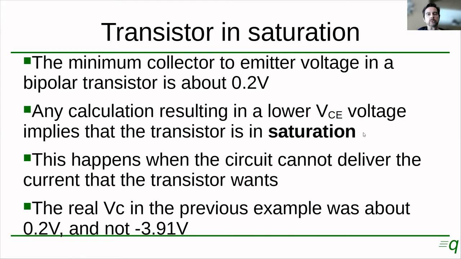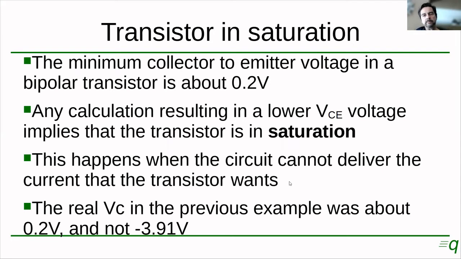And this usually happens when the circuit cannot deliver the current that the transistor wants. So in the previous slide, we had an example where the transistor wanted to pull 27 milliamps to the collector, but the 5 volts on the supply and the 330 ohms resistor make it impossible for 27 milliamps to flow through that branch, okay?